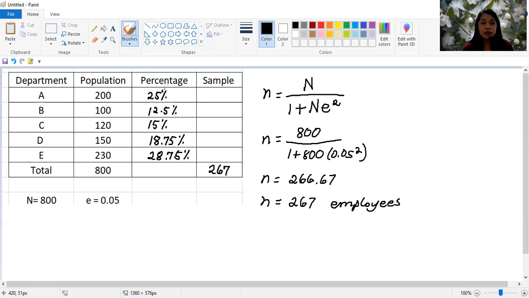So we add this, let's see, do we get 100%? Okay, so we do. So this is a total of 100%. So we want the same proportions in our sample.